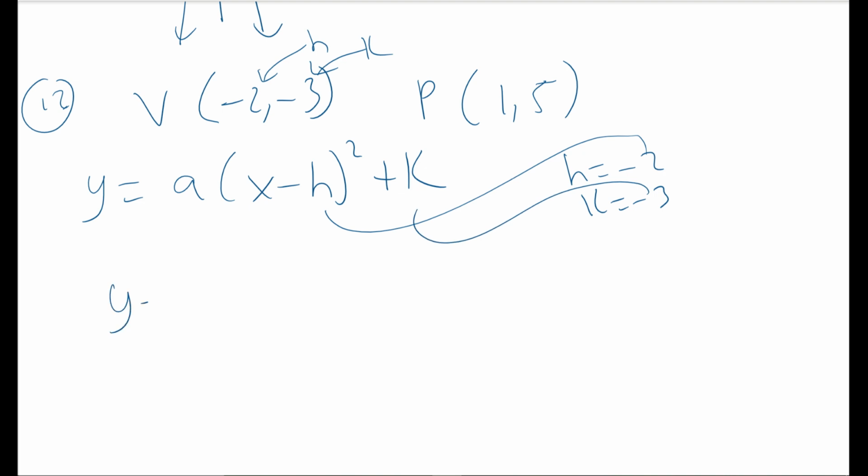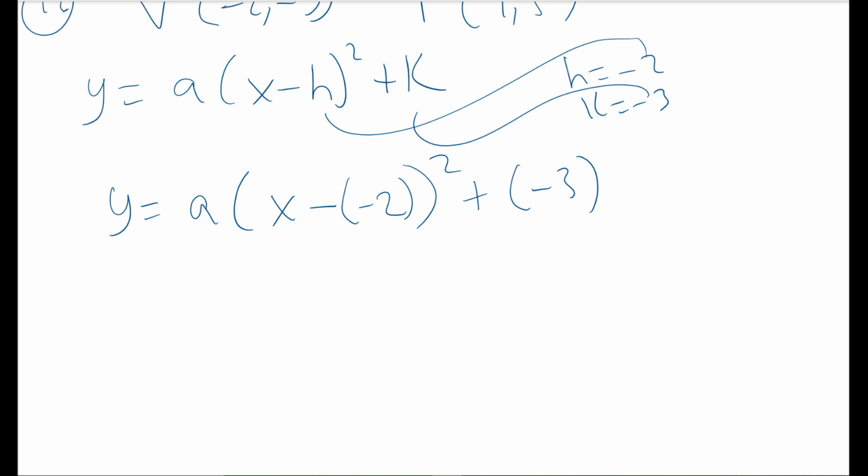So we have y equals a times x minus, there's a minus from the formula, but h is also negative, isn't it? So we're going to plug in another negative, squared, plus, and then k is negative, so plus negative 3. Now plus negative 3 is the same thing as minus 3. Two negatives is the same thing as a plus, so we write that as plus 2 squared.